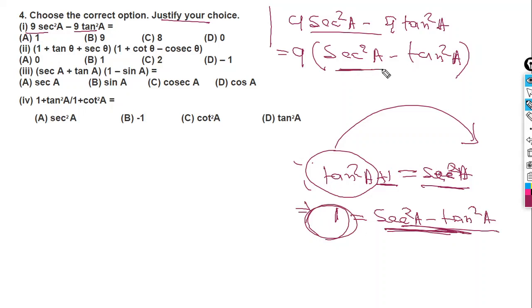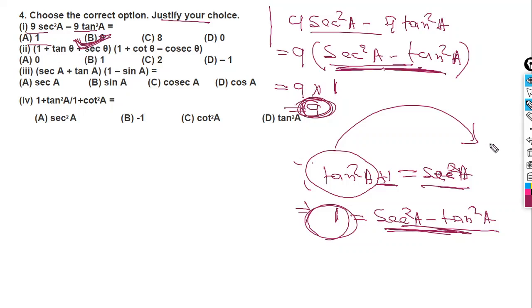Now we'll write 9 into this total value 1. Therefore it will be equal to 9. So the answer is 9. Looking at the options, 9 will be the right option.